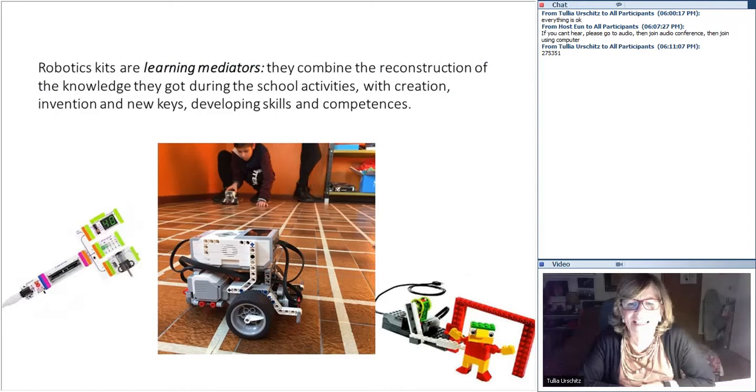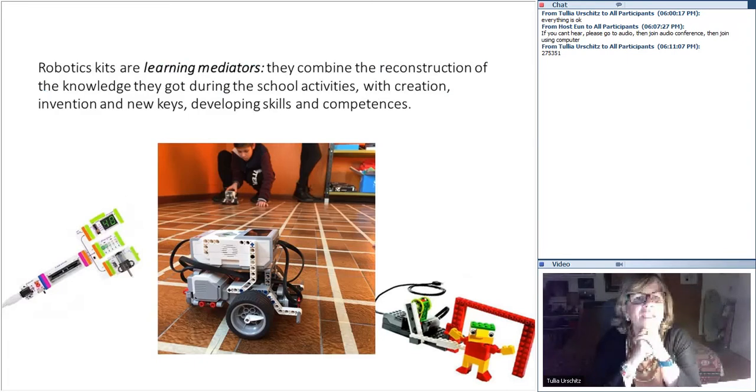Okay. So I was explaining that I use not robotics as a discipline, but educational robotics, and robotics kits are just learning mediators.